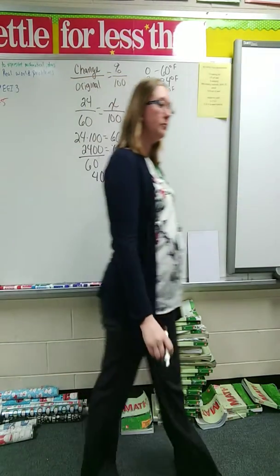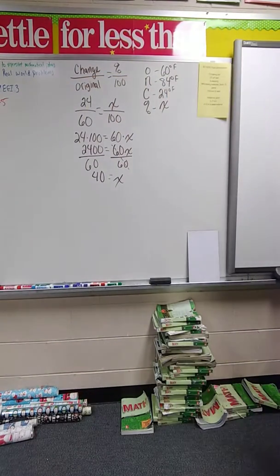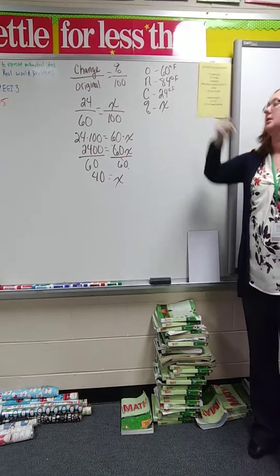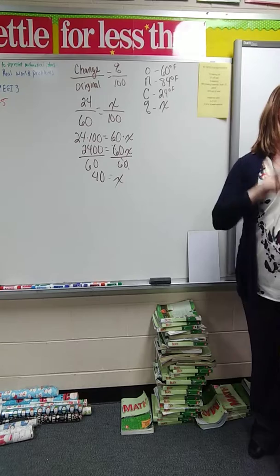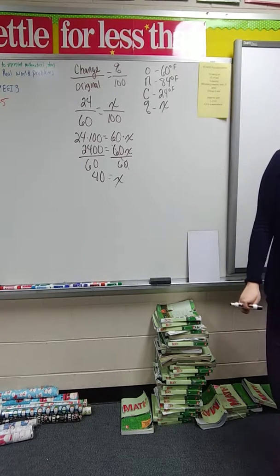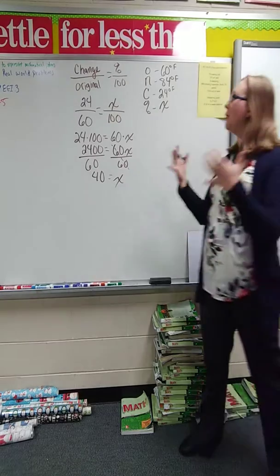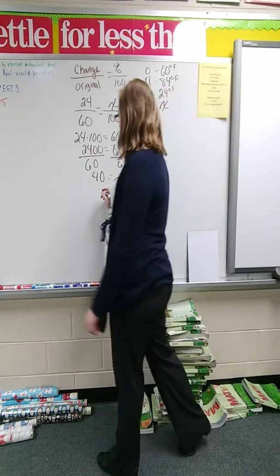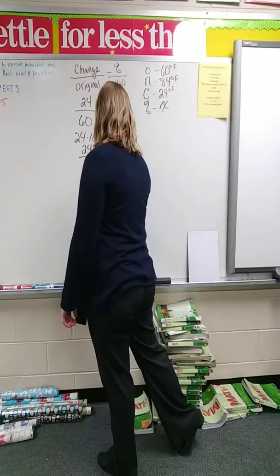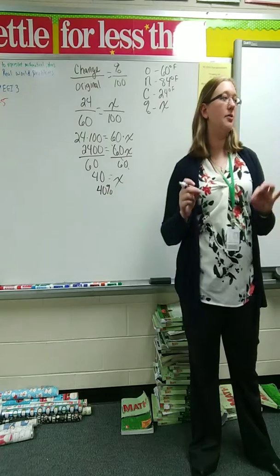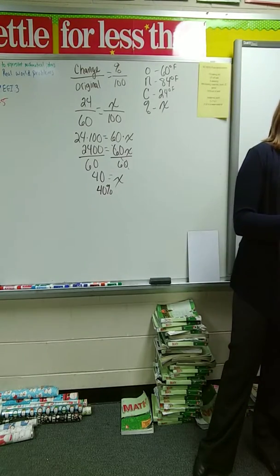Now, my variable, I'm looking for a percent of change, correct? So can I, on my answer line, just write 40? No, because I'm looking for a percent. So how do I write this as my final answer? 40%. Okay. Now the second part said, is it an increase or is it a decrease?